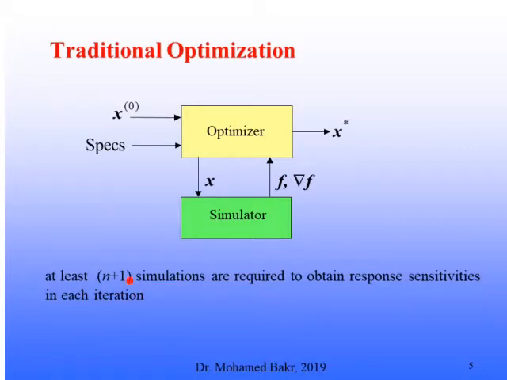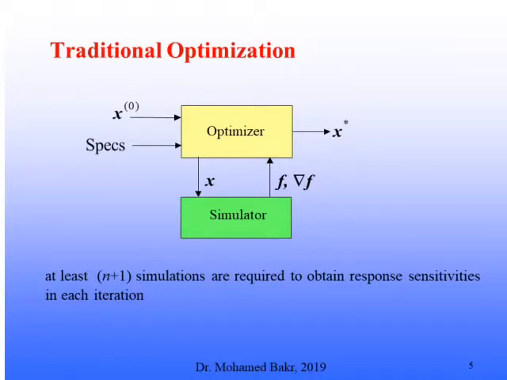So the original simulation and n extra simulations. Central finite difference would require 2n extra simulations per one gradient evaluation. So this cost can be big if one simulation takes a long time, or if your number of parameters, the cardinality of x, is huge.